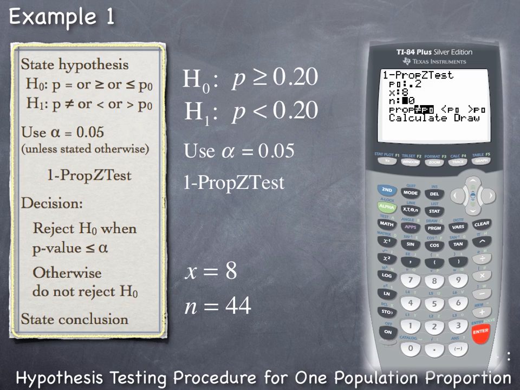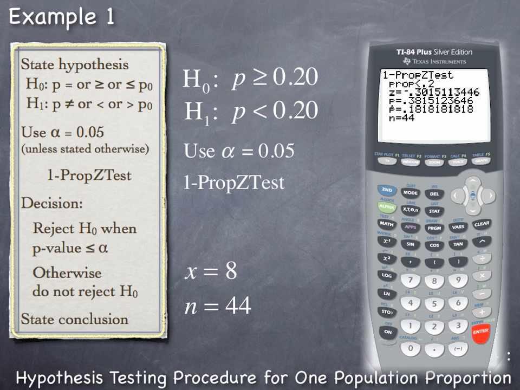The sample size n was equal to 44, Enter. And the inequality in H1 is a less than. So we arrow over to the less than, and with the cursor blinking on less than, we press Enter to select it. Down arrow to Calculate, and with the cursor blinking on Calculate, we press Enter to calculate our results.